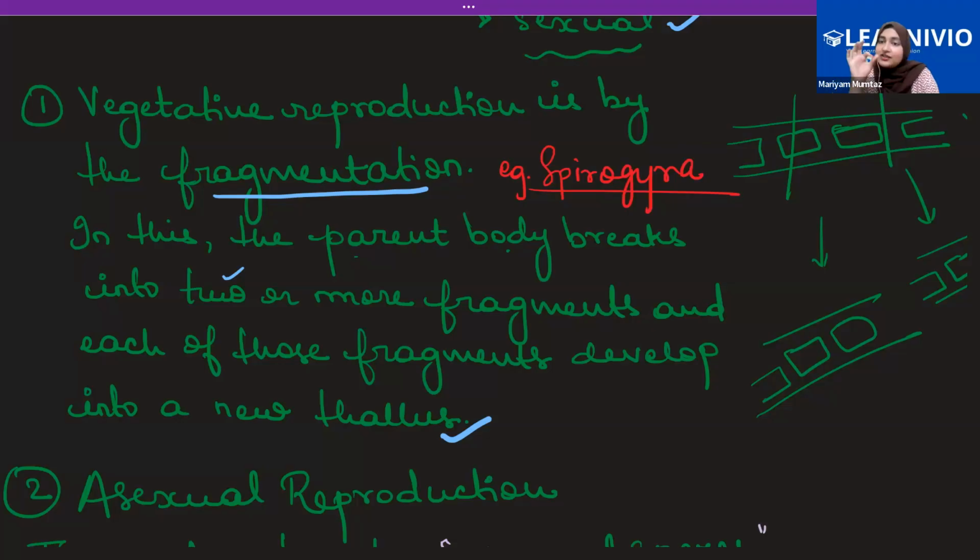But in Spirogyra, it is a routine procedure. It will get mature, it will get broken into fragments, and each of those fragments is going to develop into a new organism. But in regeneration, it's by chance if they got cut, or if we willingly go there and cut them. It's not a routine procedure. It's the ability. But here it's a procedure. Got it? That's the major difference.